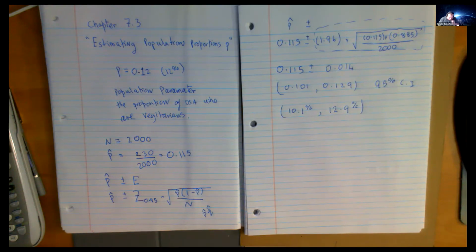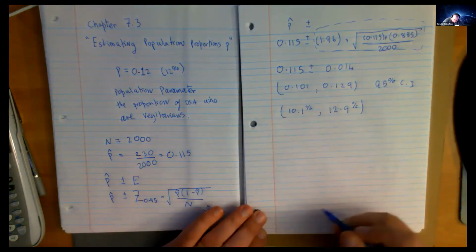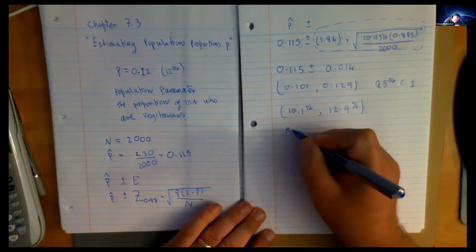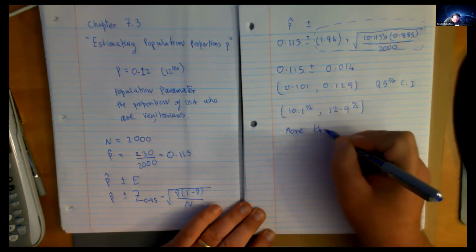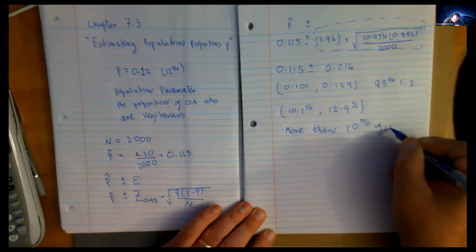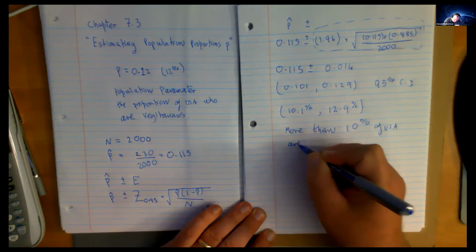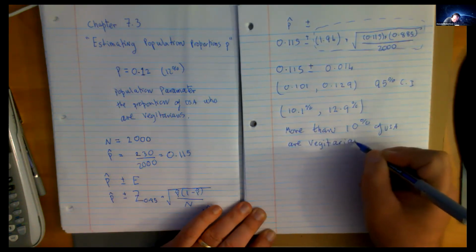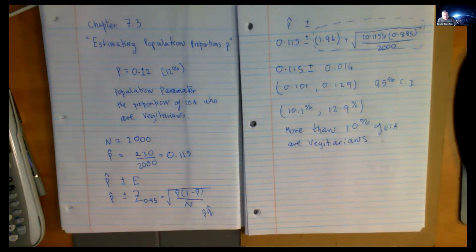Okay. Now, I can add more to this. Based on this interval, why can I say with a reasonable degree of confidence that more than 10% of Americans are vegetarians?